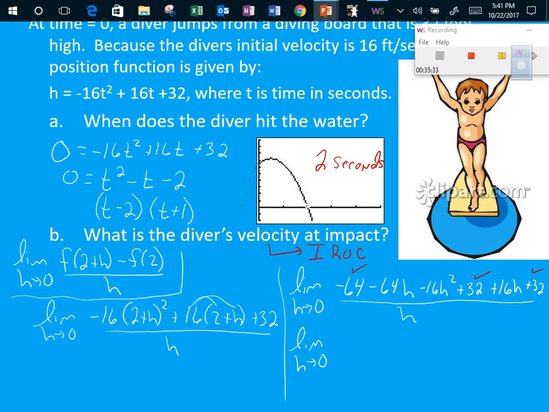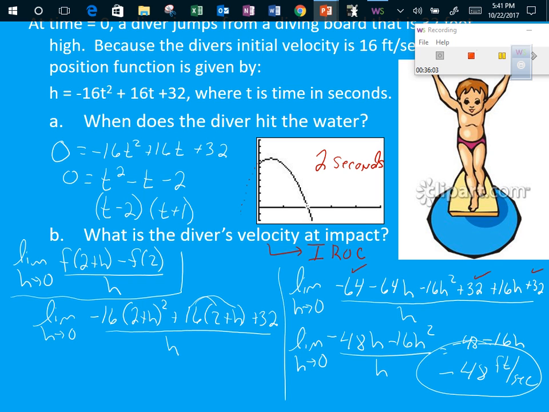So it looks like I'm going to have negative 48h minus 16h squared all over h, sorry about that. Factor out an h and get negative 48 minus 16h. Let h approach 0, so it looks like I've got negative 48 feet per second. For the instantaneous rate of change, the velocity when he hits the water.